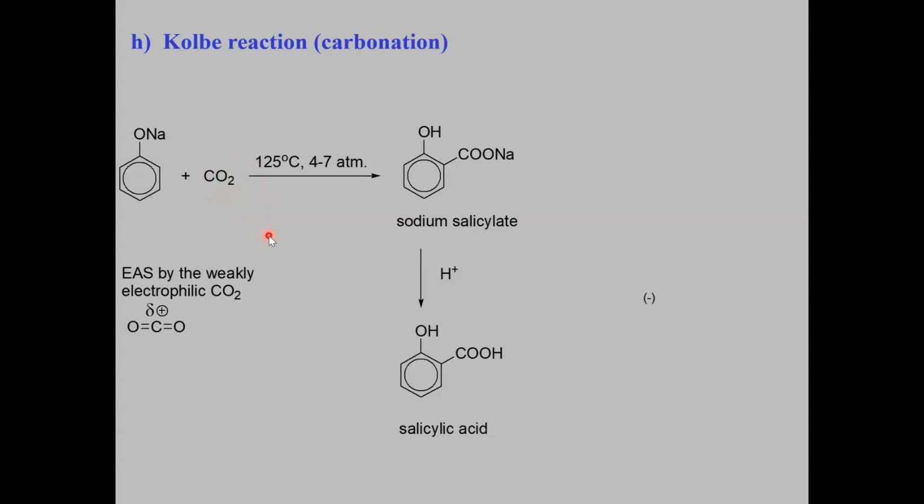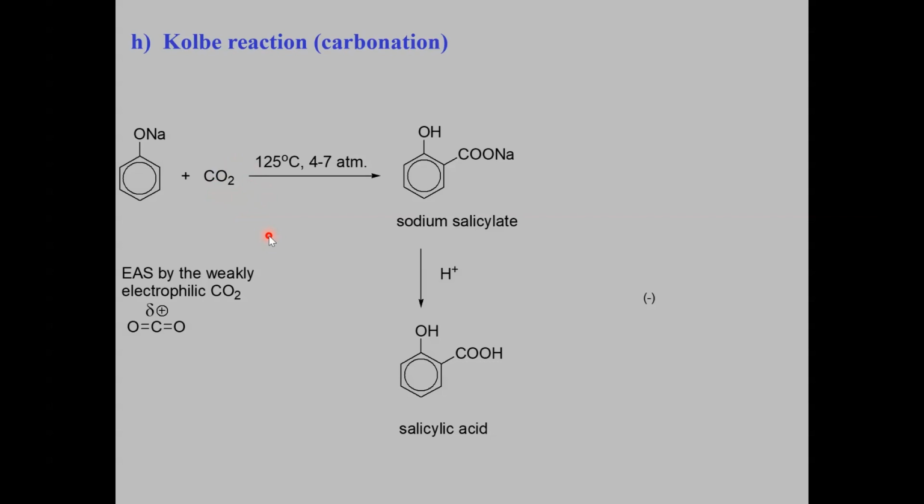And this weak electrophile does not react with benzene, but it reacts with phenols. That's the beauty of phenols. Because it is more electron rich, it is more activated, that's why it can react with weak electrophiles also.